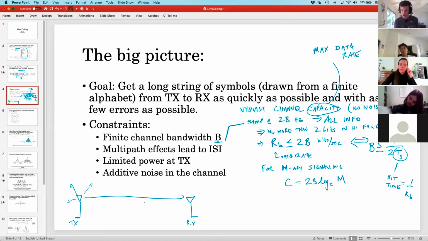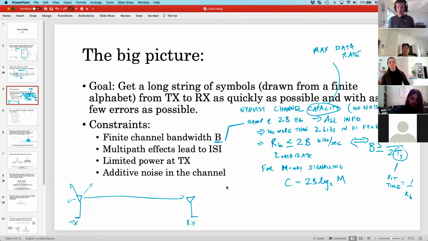And the more directional your antenna is, the stronger the line of sight beam will be relative to the other beams. But if we're in deep space, then anything that's adjacent misses and never comes back. So if you're designing deep space antennas, multipath is not really a concern.